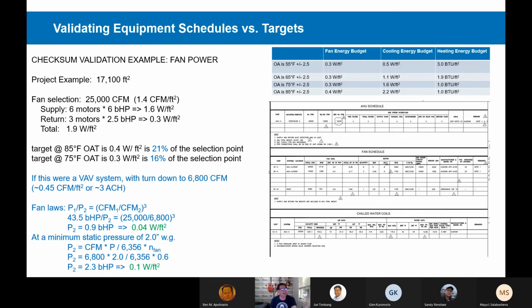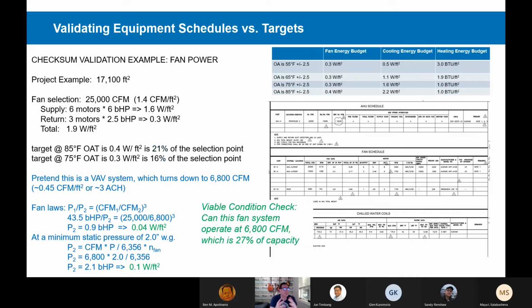That, though, brings us to the idea of a viability check again. If the sum of the minimums on this air handler is 6,800 CFM, we need to ask ourselves the question, is this 25,000 CFM air handler viable at 6,800 CFM? In this case, it's a fan wall, so the answer is probably yes, but we do need to make sure that there's a sequence in place that gets us all the way down to 6,800.